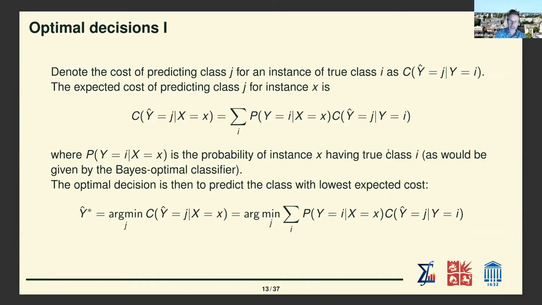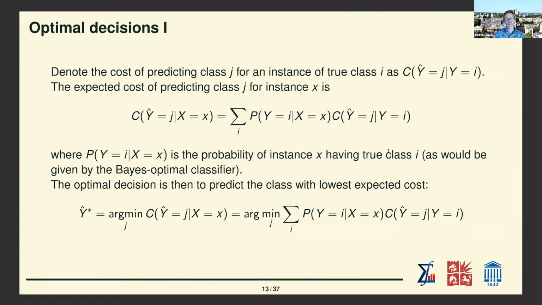We don't normally have that, so this is a theoretical notion. So many classes have a non-zero probability to be the true class for this particular instance. And so we take a weighted average over the misclassification costs, and then we predict the class with the lowest expected cost.